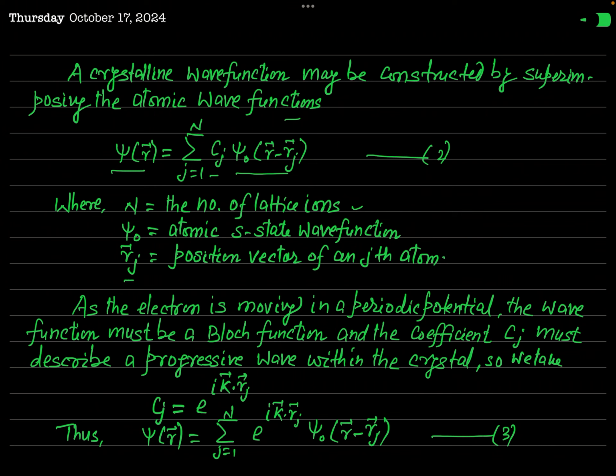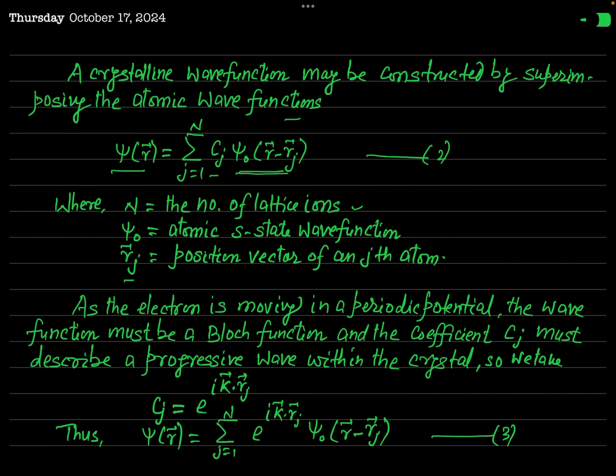And rj is the position vector of the jth atom. Okay. Actually, this expression satisfies the approximation that if r lies close to rj, all contributions in the sum will be small, except that from this function psi naught of r minus rj. All the contributions from other atoms are neglected.